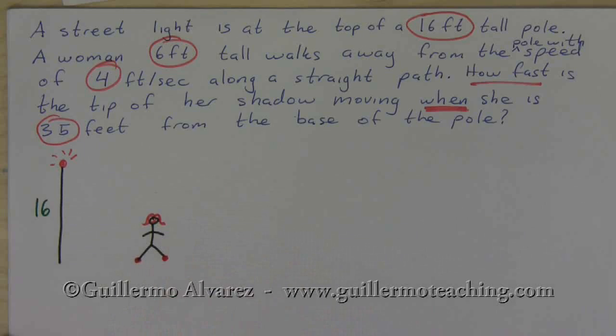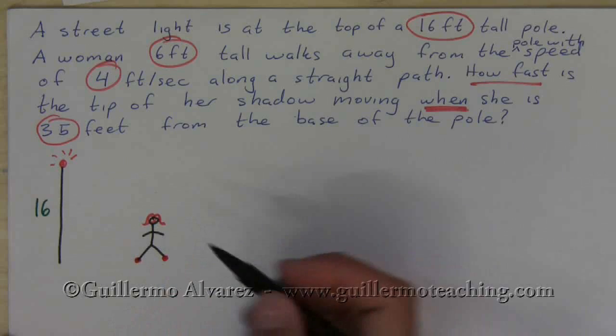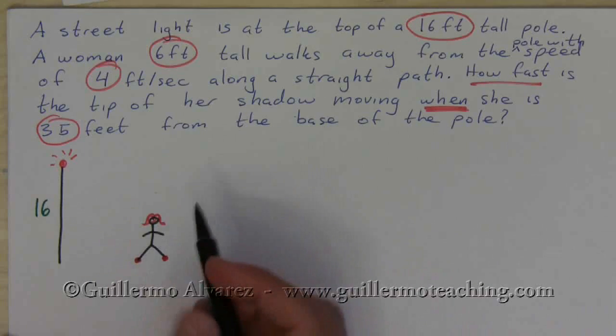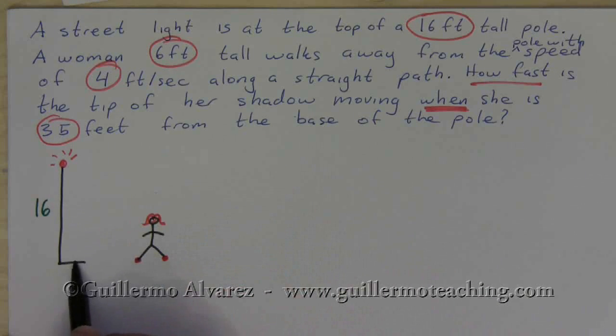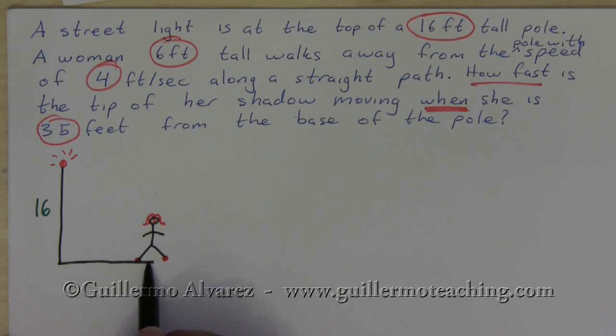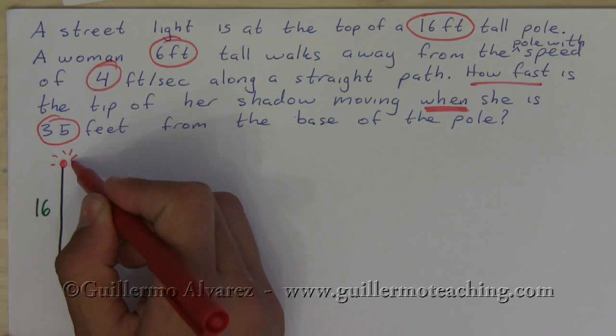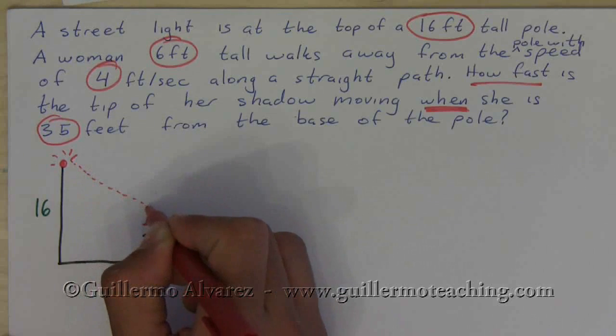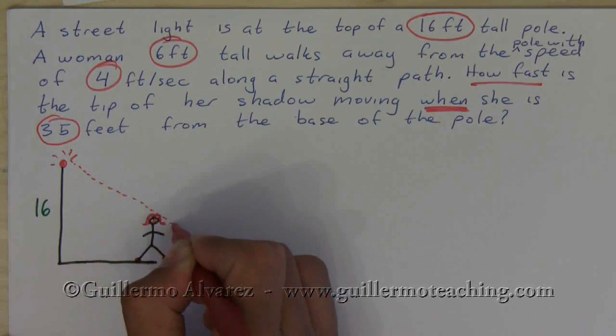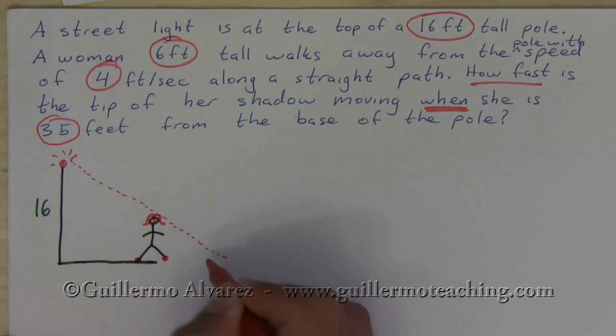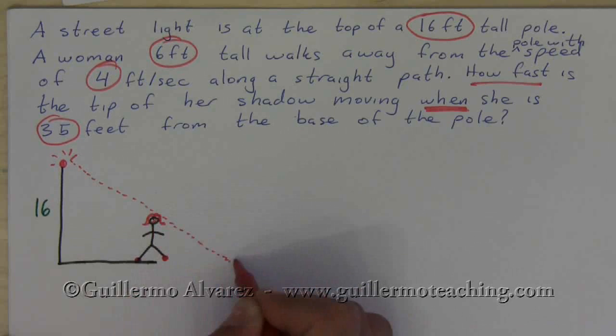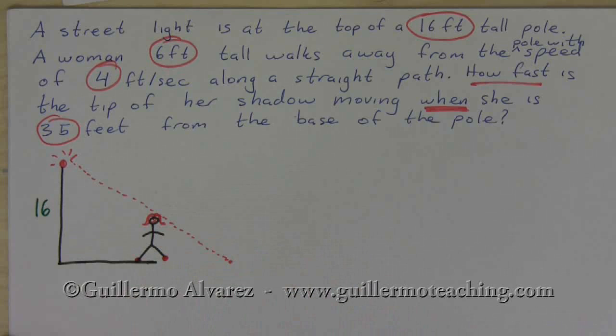Red shoes and red hair. Okay. And so we're going to draw a little line here. Now notice what's going to happen is that this light is going to project along here, and it's going to project a shadow from her to this point right here.